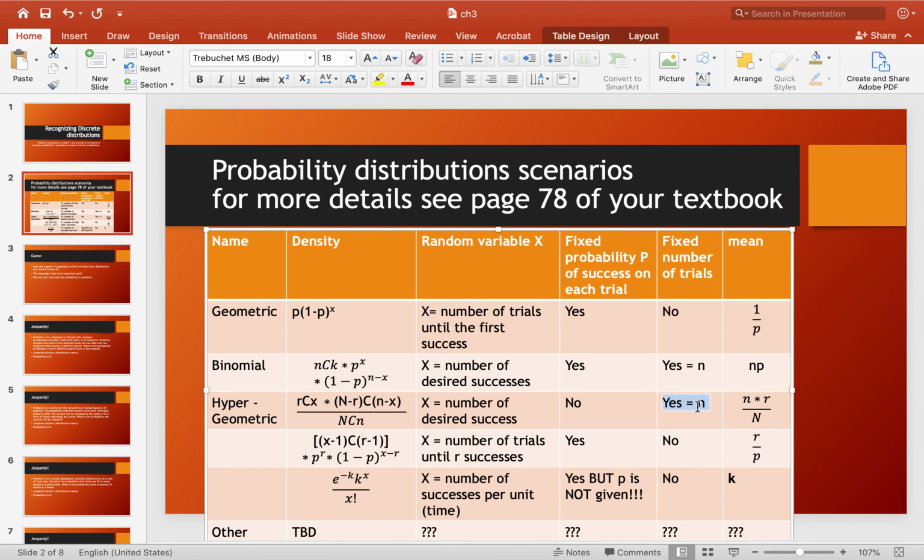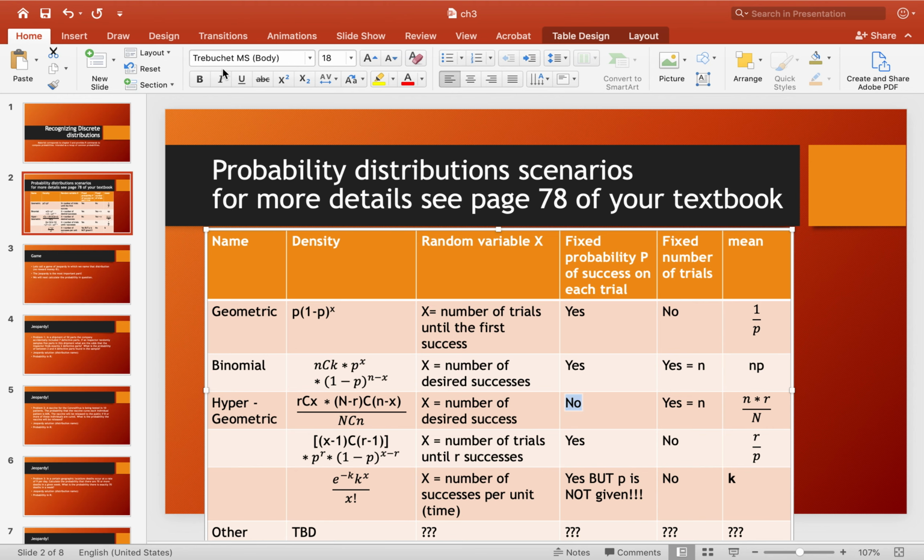That is a big distinguishing point, because when we look at the hypergeometric and the binomial, they both have the same fixed number of trials, and they both have the same random variable. What separates these two is that there is not a fixed probability p of success for each trial.